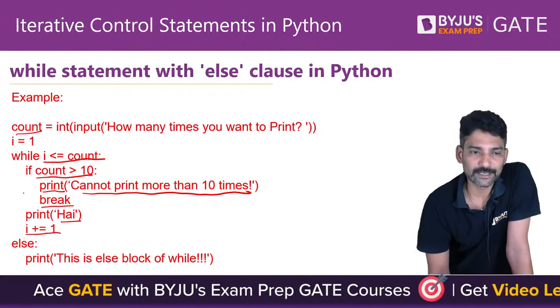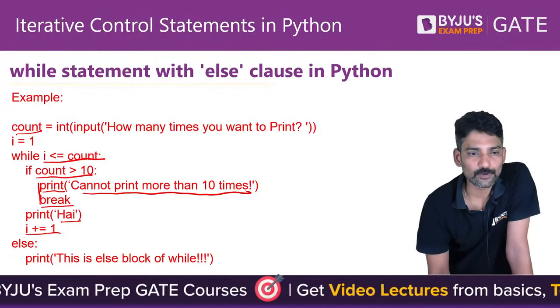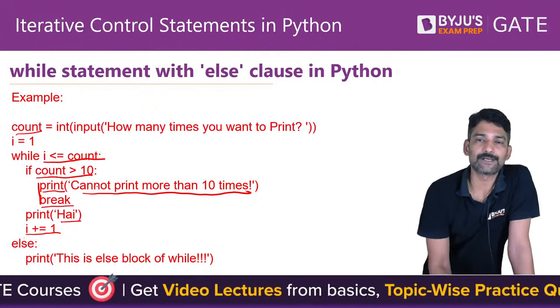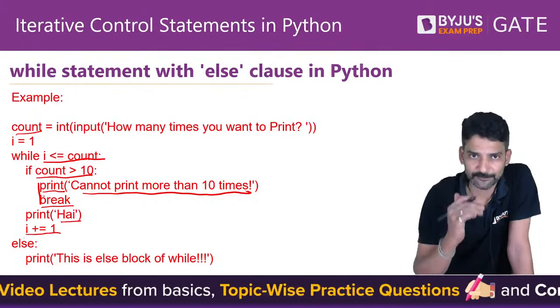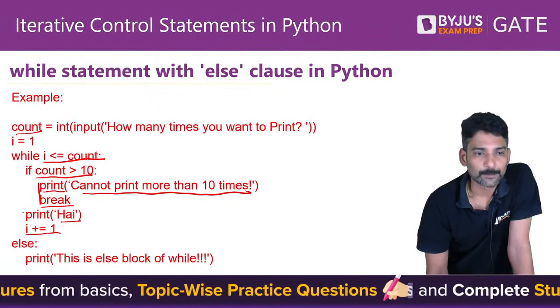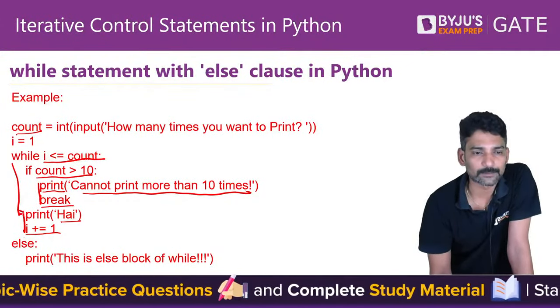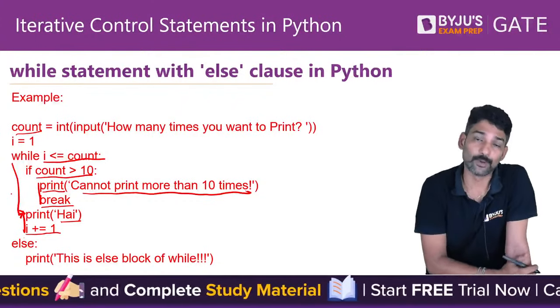See the indentation, dear friends. Under if, these two follow one indent. So print can't print more than 10 times and break are under if, and print hi and i plus equal to 1 are under while. So the indentation is very important here.